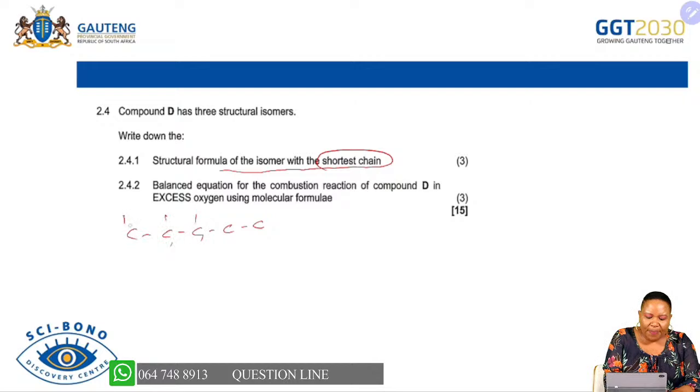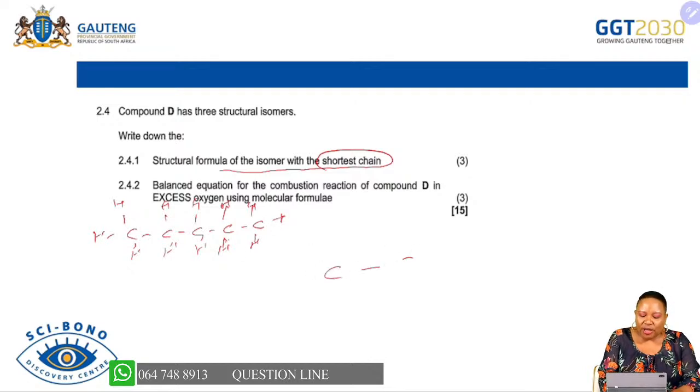So if you want the smallest isomer of pentane, it means after drawing that pentane, there is no other structure that we can draw. So we need to branch it in such a way that it will never form another compound except this, which is the last one, the shortest. And it's going to be like this.